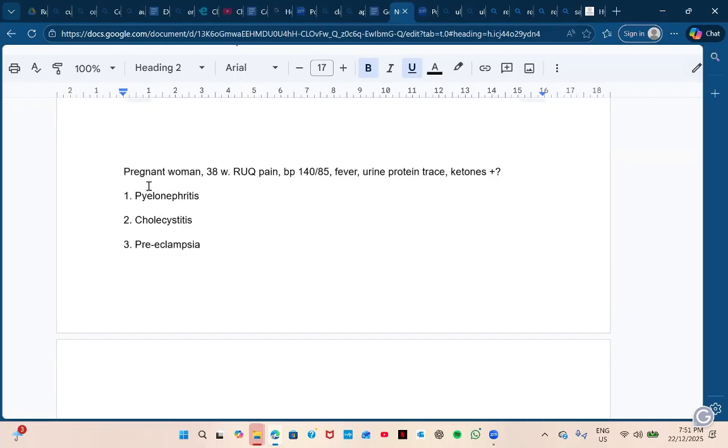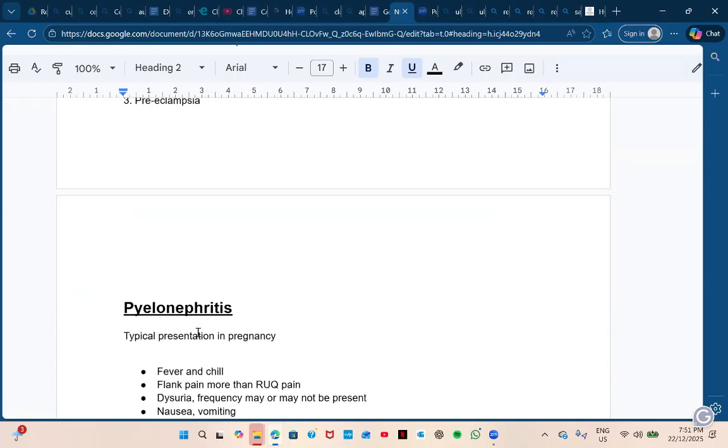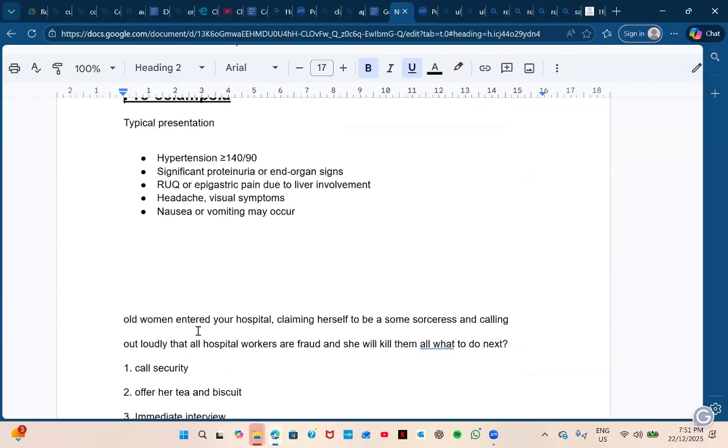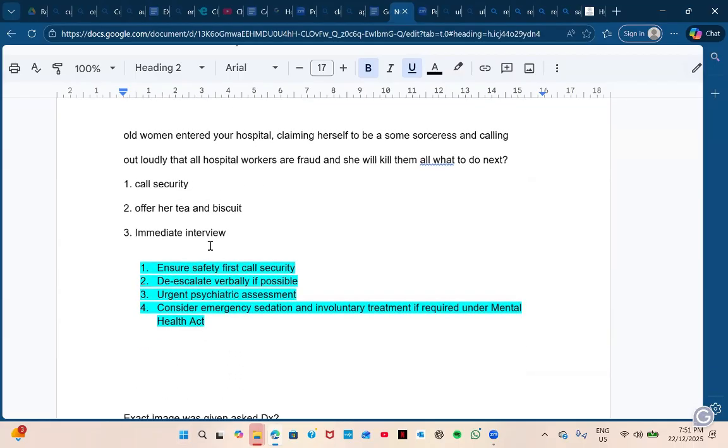If they ask about diagnosis on day one, they can ask treatment on day two, then day three diagnosis like that. The questions can be more complicated with more details. Please do eMedici questions.